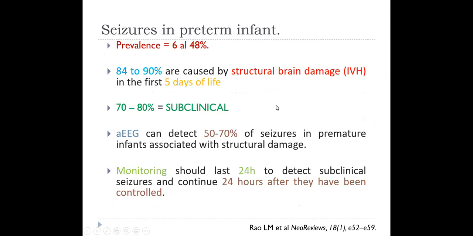It's very important to make the monitorization of preterm infants with structural brain damage. The prevalence of seizures in preterm infants is around 6 to 80%, and 84 to 90% are caused by structural brain damage. What is the main structural brain damage?